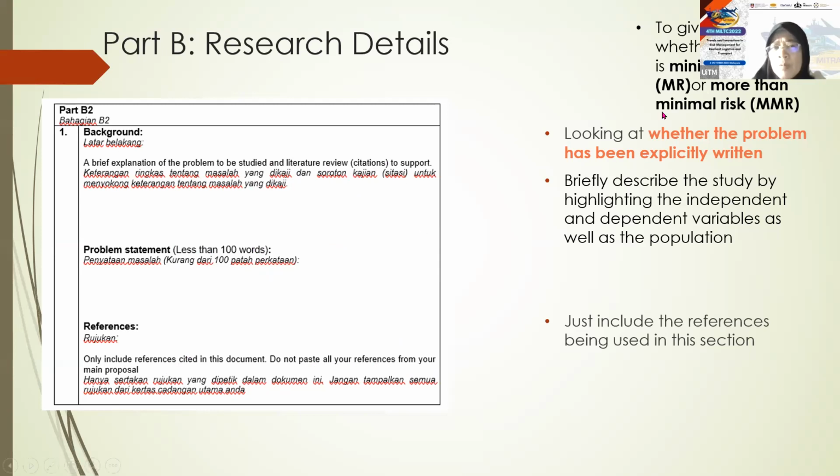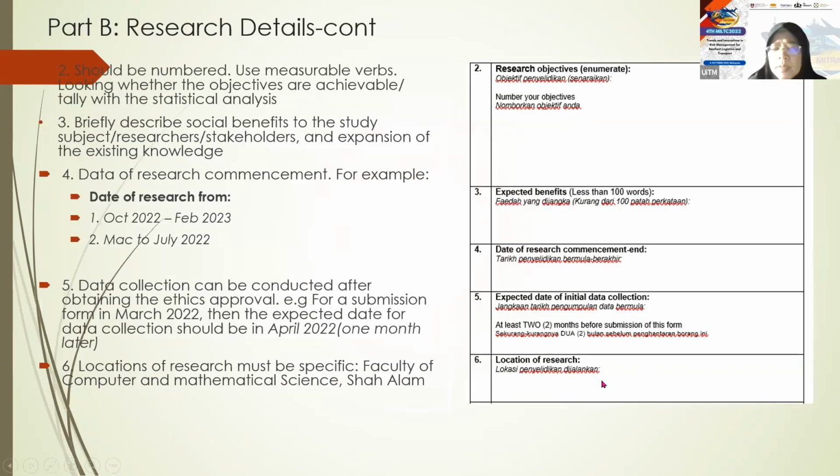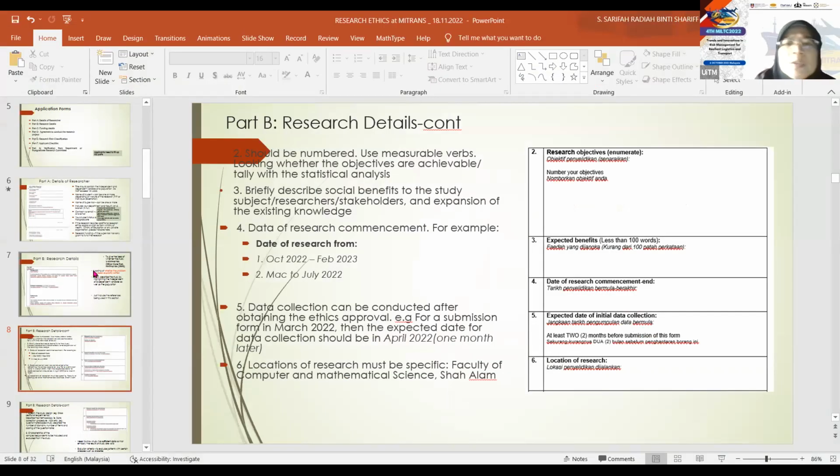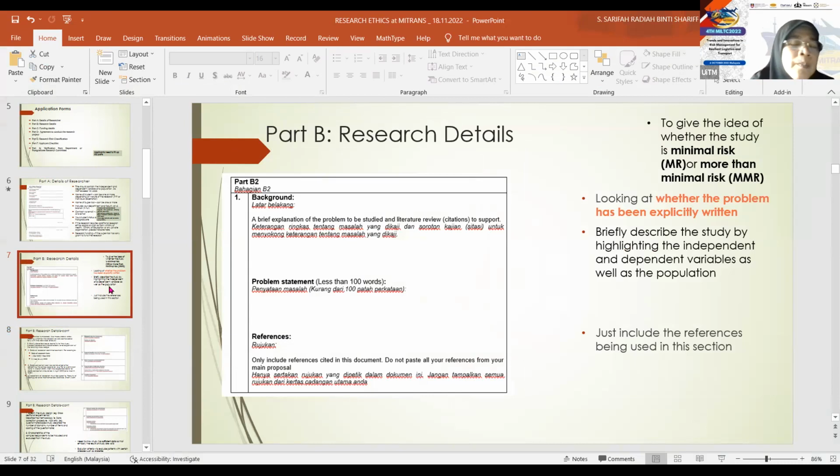So from the background of the study, the evaluator, whoever reads your application here, will later need to give an evaluation whether your study is less than minimal risk, minimal risk, or more than minimal risk.